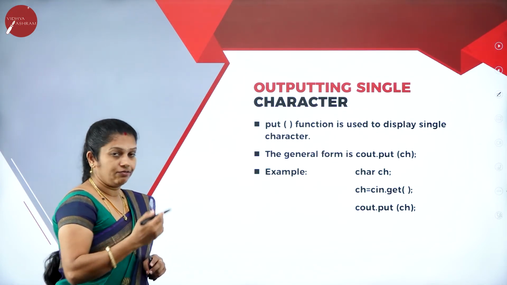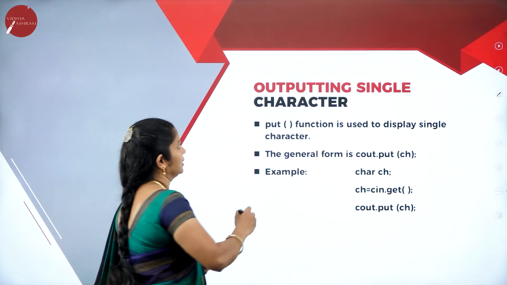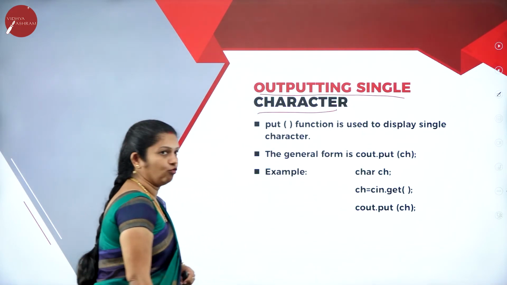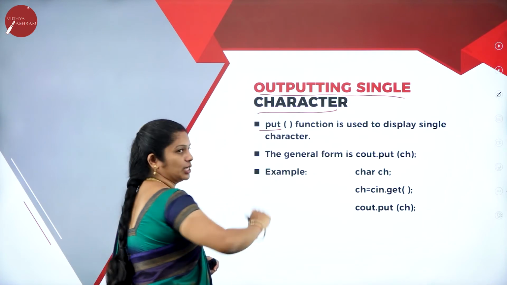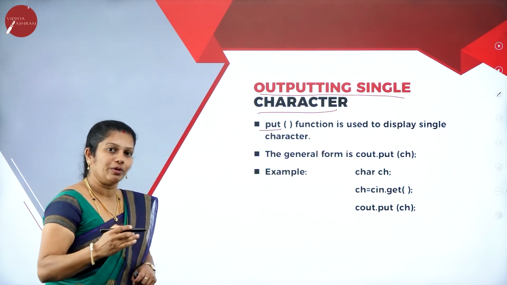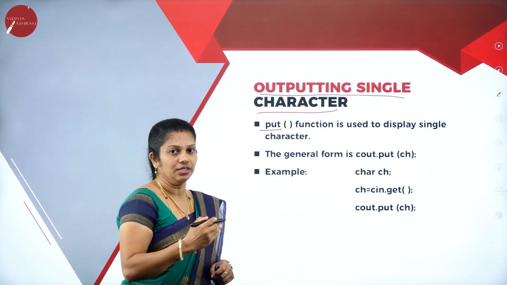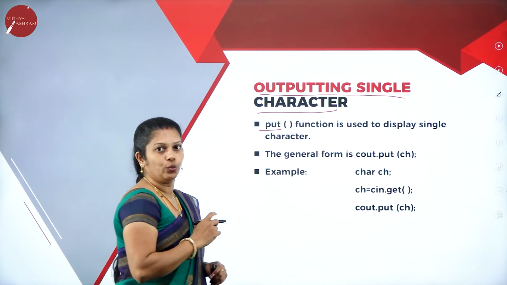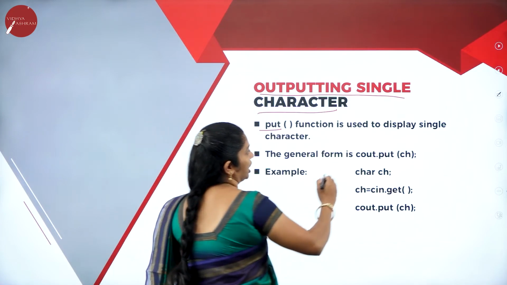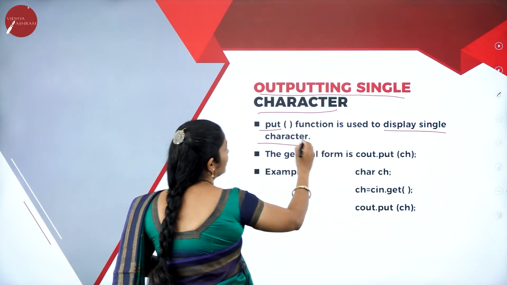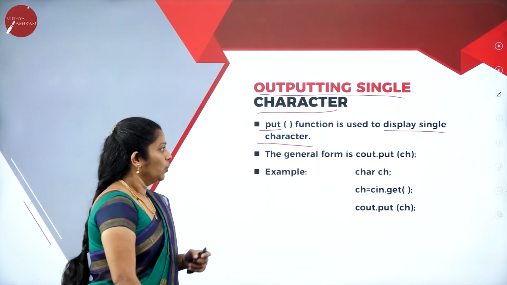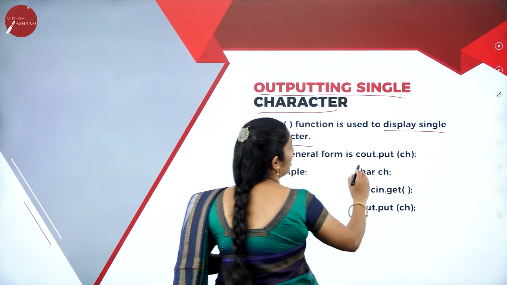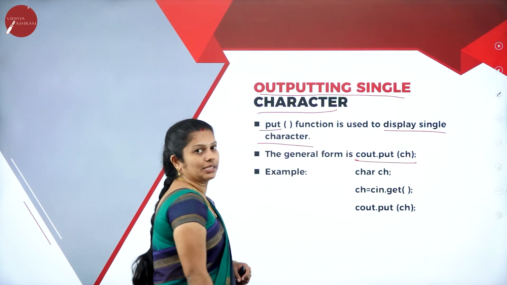If you want to print a single character, that is outputting a single character, it can be performed by using the put function. If you want to input a single character, the get function; if you want to print a single character, the put function is required. The general syntax is cout.put(ch).